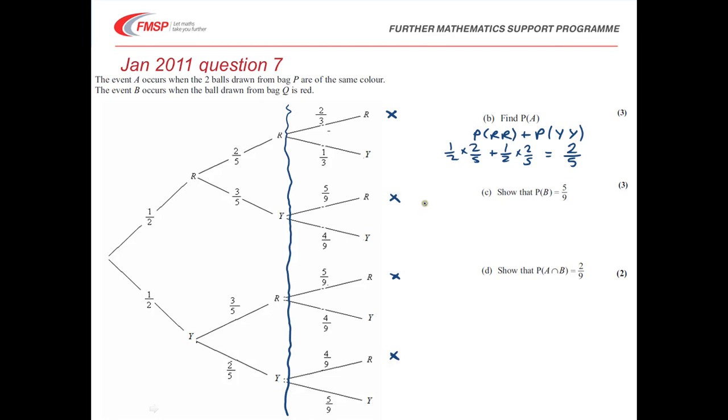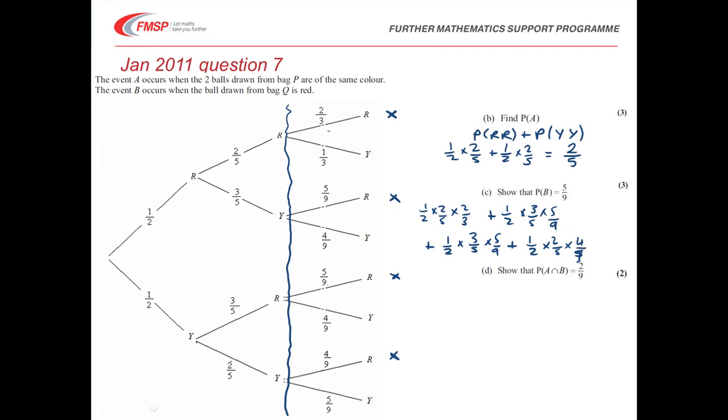We're going to have a half times 2/5 times 2/3, or a half times 3/5 times 5/9, or looking at the bottom of the tree, a yellow, then a red, then a red out of bag Q, or a yellow, then a yellow, then a red. Sorry, that is 4/9. That is sufficient to trigger the marks that are required.